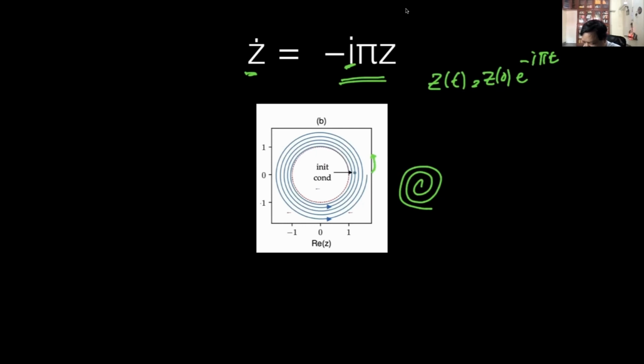The real solution is not that, because you can look at from this, the mod of z(t) is the same as mod z0. Okay, so the real solution, with the initial condition, should have been just a circle like that. Okay, it's cos pi t minus i sin pi t.